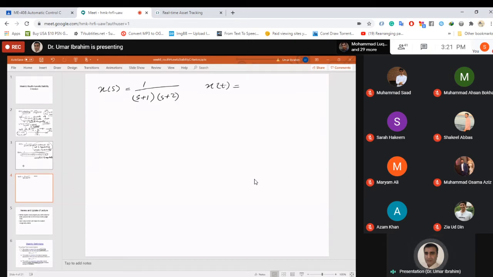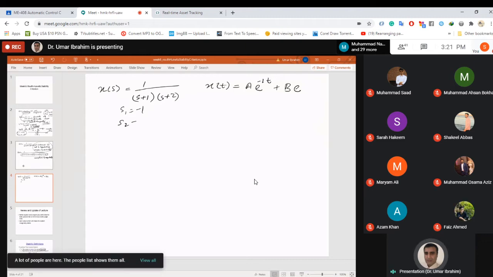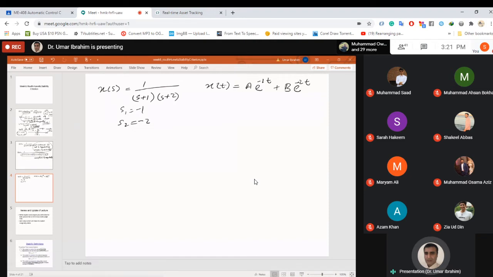It will be something like a into e raised to the power minus 1 of t, because s1 is equal to minus 1, plus b e raised to the power, depending on what kind of input it is, assuming some initial disturbance, so the response would be something like this. So s2 is equal to -2, so -2t. But what if the system poles are identical?